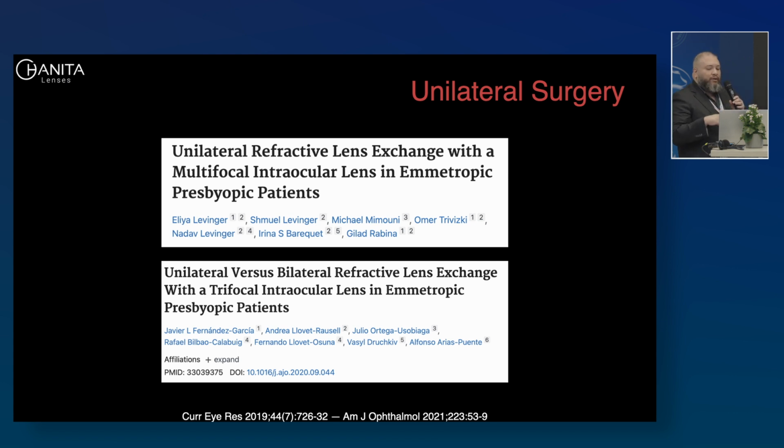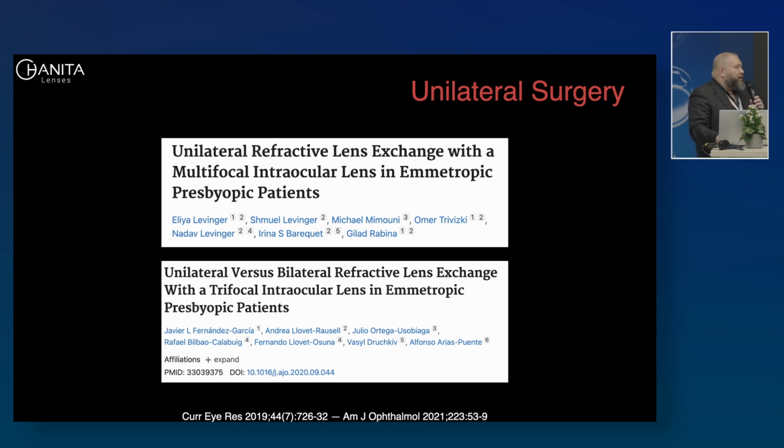What we've started doing is unilateral surgery, just implanting the intensity in the non-dominant eye and leaving the dominant eye virgin. And it's currently under peer review, and we've had excellent results.